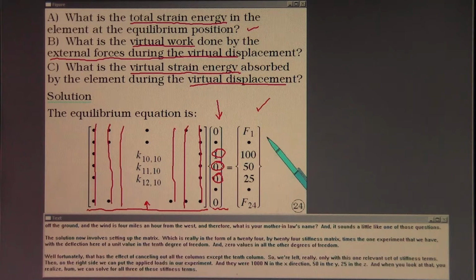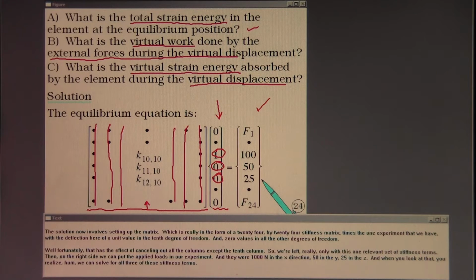Then on the right side, we can put the applied loads in our experiment, and they were 100 newtons in the x direction, 50 in the y, 25 in the z. And when you look at that, you realize we can solve for all 3 of these stiffness terms.